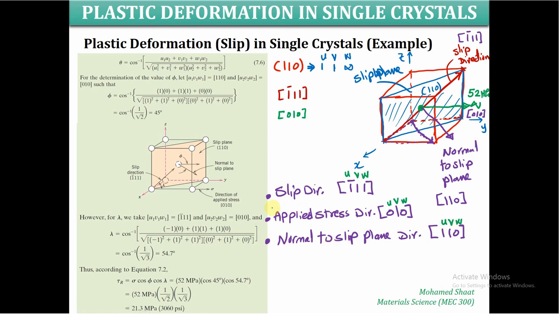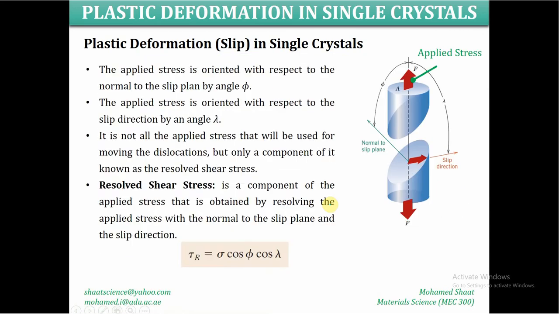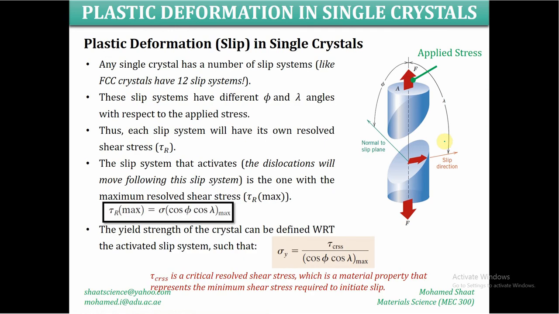To find the angle between the slip direction and the applied stress, this angle is going to be the lambda angle, as we explained here. But the angle between the applied stress and the normal to the slip plane is the phi angle.